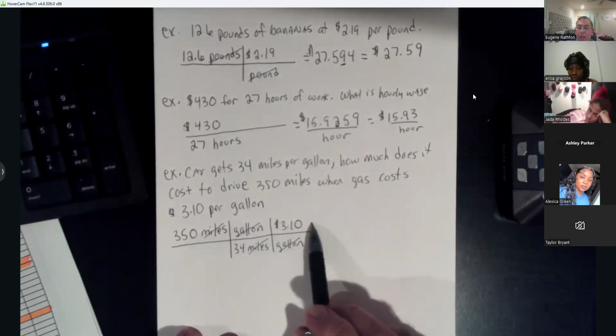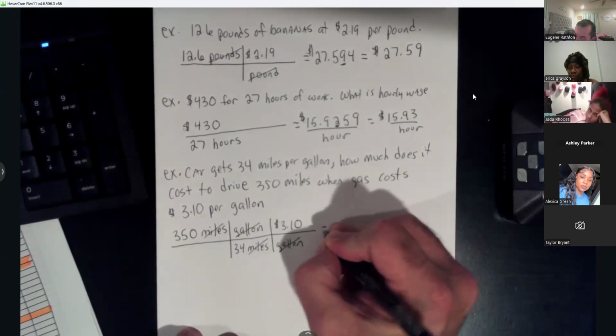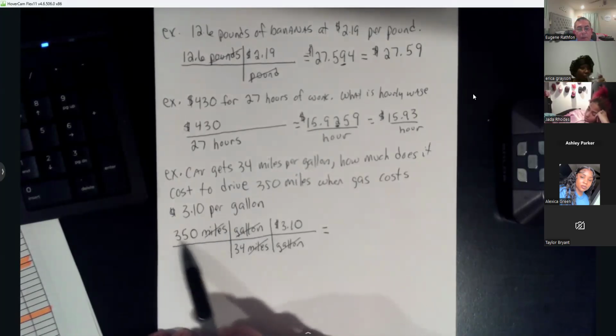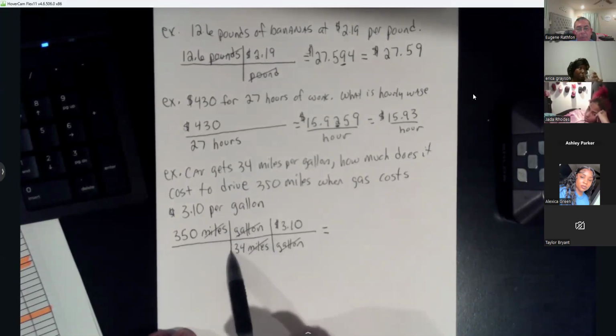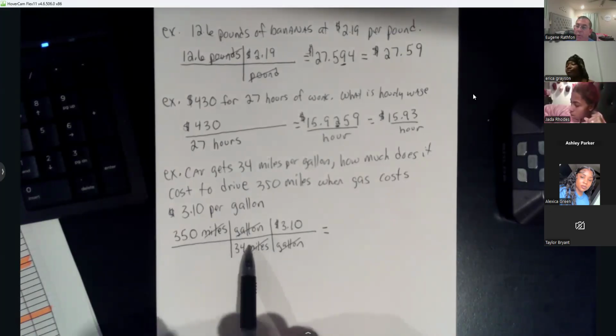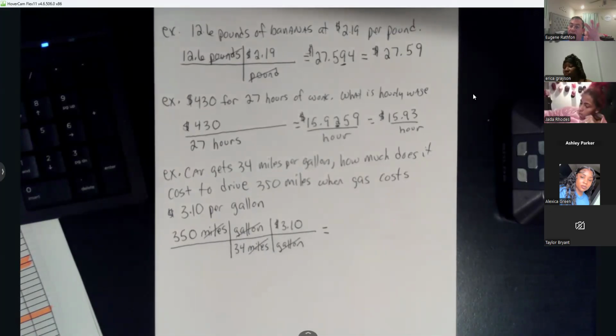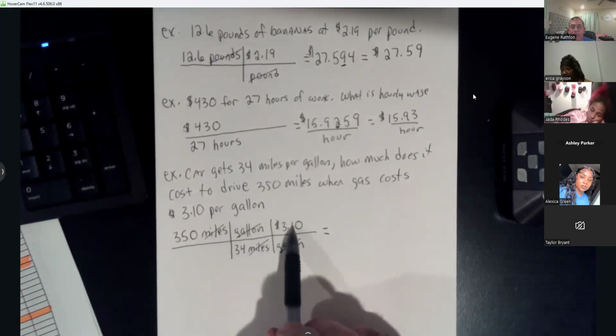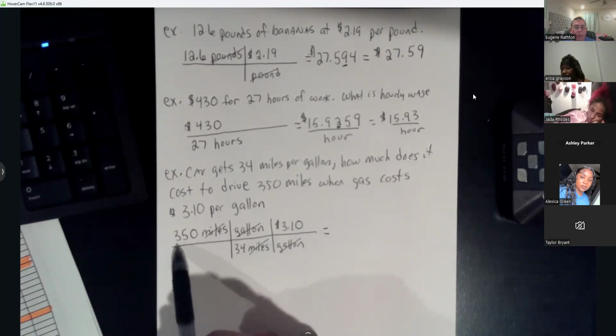All that's going to be left is the money. So see what we're doing, 350 miles, you got 34 miles per gallon. So if you divide 350 by 34, that'll tell you how many gallons you gotta use. And then for every gallon was $3.10.